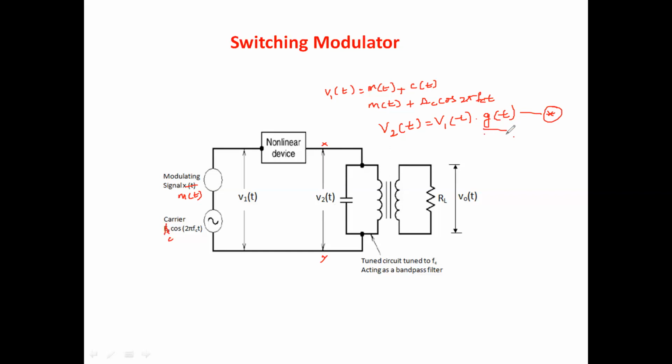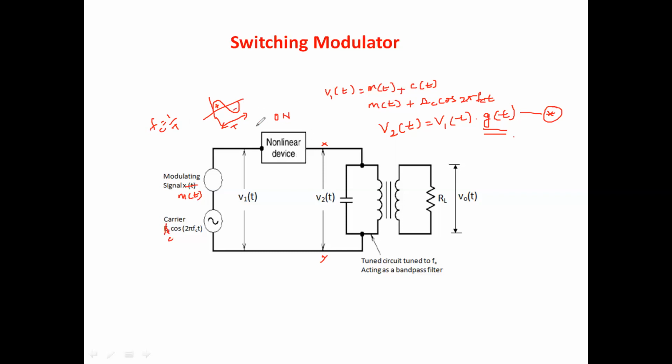What is this g of t? g of t is a rectangular pulse train with a period of 1 by fc. Why do we call it a rectangular pulse train? This diode will be in the on condition when the carrier is positive. If this is the carrier signal, the total time period is T and its frequency is fc equal to 1 by T. During the positive half cycle, the diode will be forward biased.